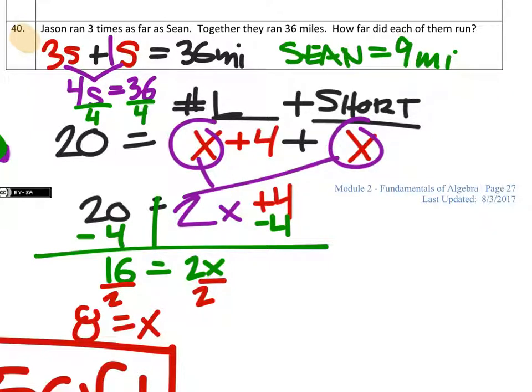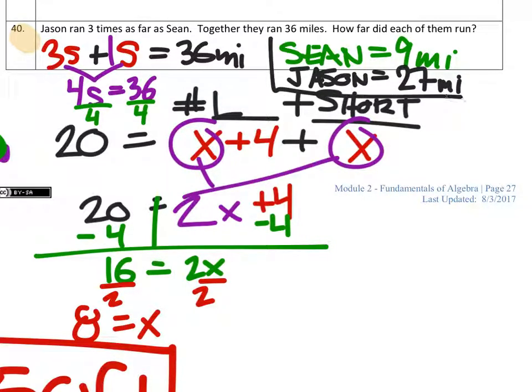See, in my mind, I almost said 8 miles because I was going too fast there. Well, if Sean ran 9 miles and Jason ran 3 times that far, then we know that Jason ran 3 times 9, 27 miles. And that's how far each of them ran.